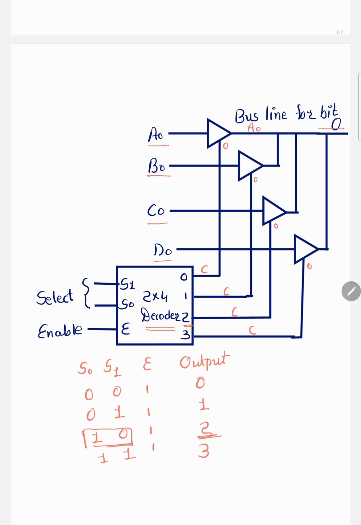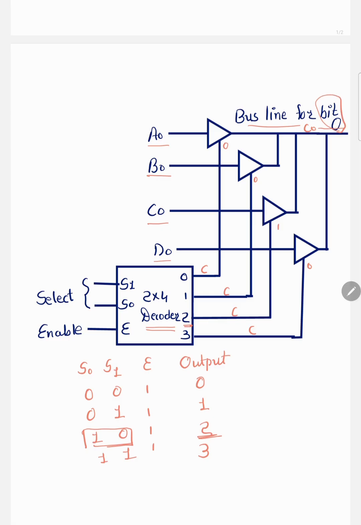This becomes 0 and this becomes 1, so I am getting C0 as my output. I hope you understood this. Now this is only for the 0th line, the bus line for bit 0.